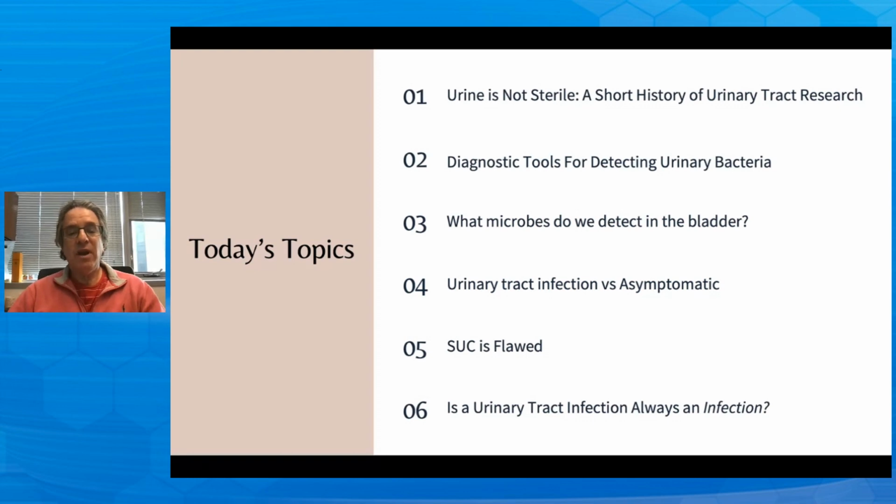I'm going to describe why the standard urine culture test used by clinical microbiologists is flawed. I'm going to try to answer the question, is a urinary tract infection always an infection, or rather an invasion, or could it be a dysbiosis?